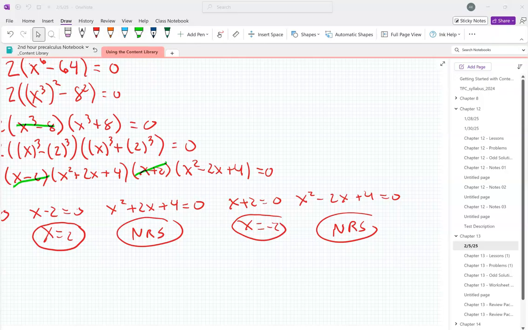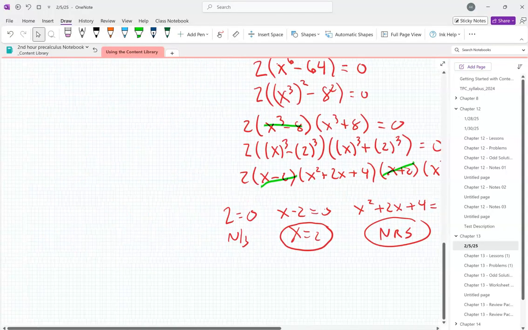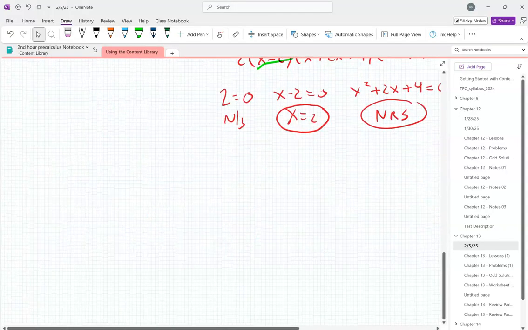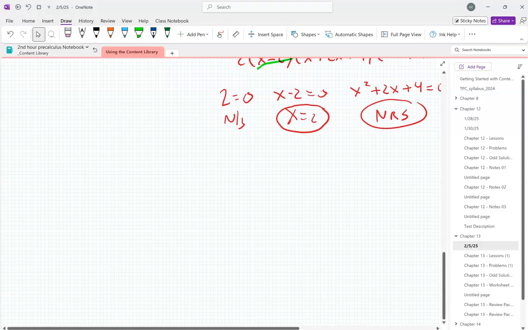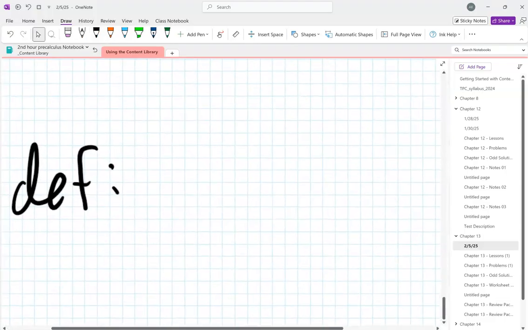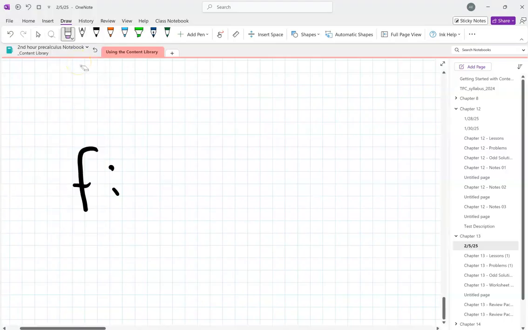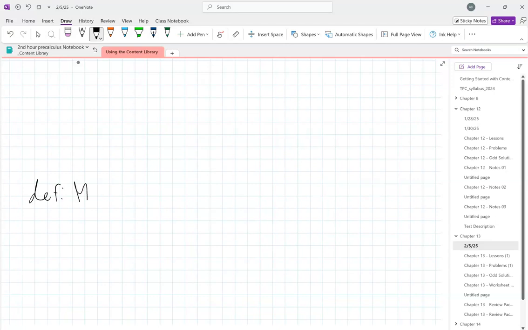Okay. I have one other definition that I want to talk about here, and then one more example. So that I can probably zoom in a bunch now and stop using the giantest pen. So that definition is multiplicity.